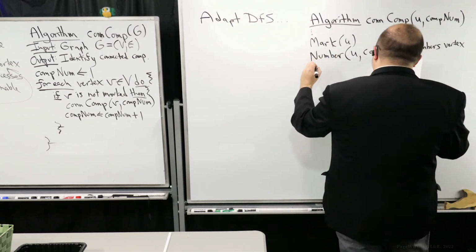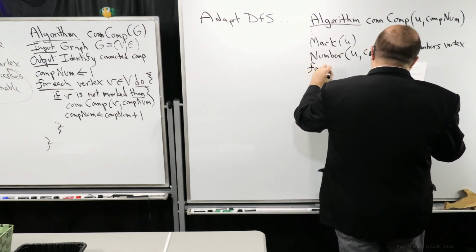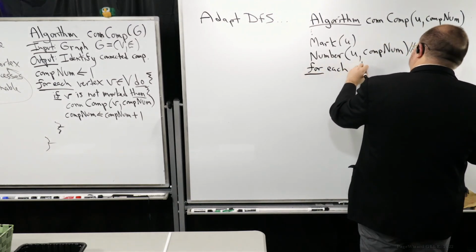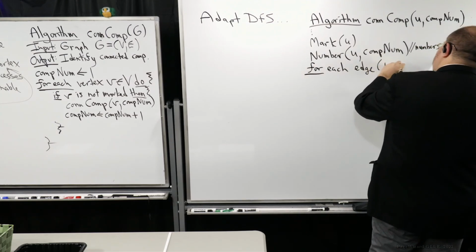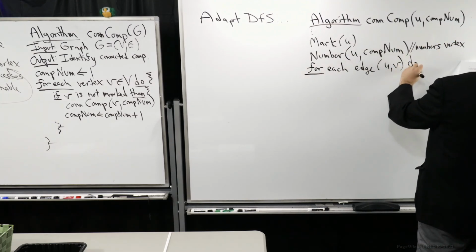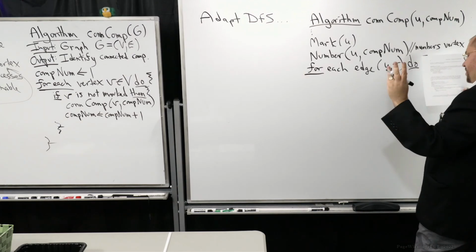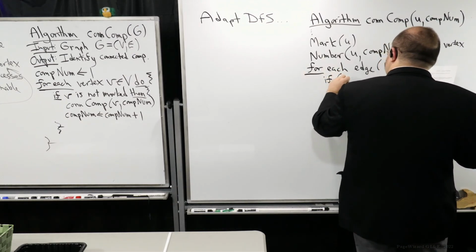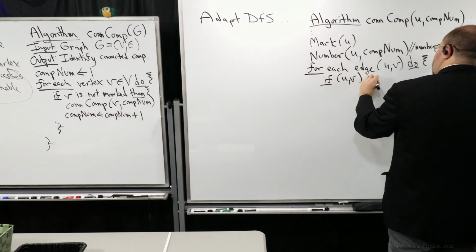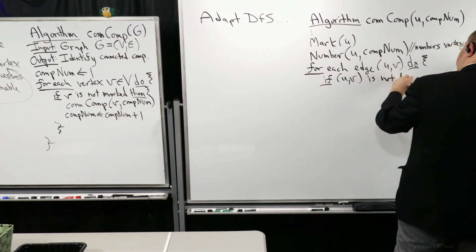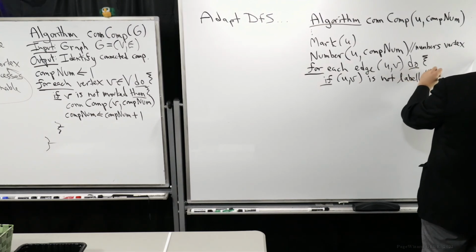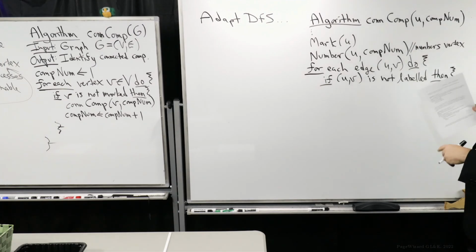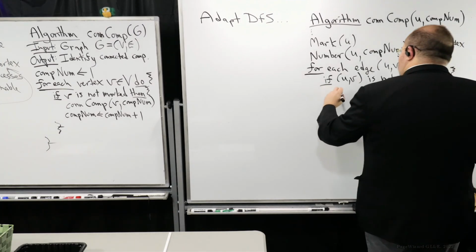So next, we just simply go through each one of the incident edges, just like we did before. For each edge UV, we're going to check if the edge UV is not labeled. If UV is not labeled, then we better do something. Because it's not labeled, I'm going to number it now.